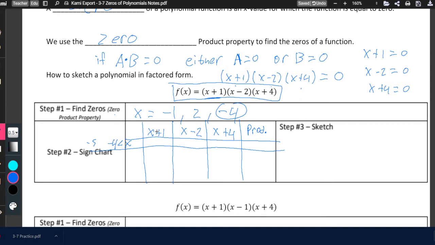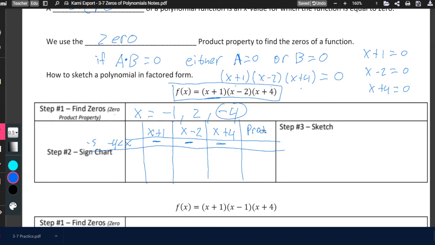Negative 5 plus 1 gives negative 4, so our sign is negative. If we do the same for the second one, it's also negative. It does not matter which value: negative 5,000, negative 5.1, anything less than negative 4, you'll find that all of these are negative.